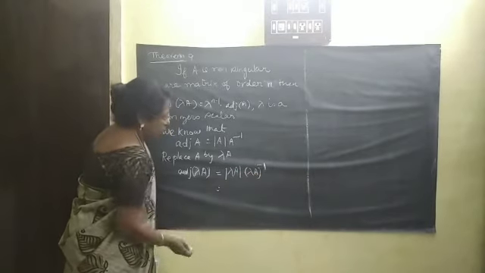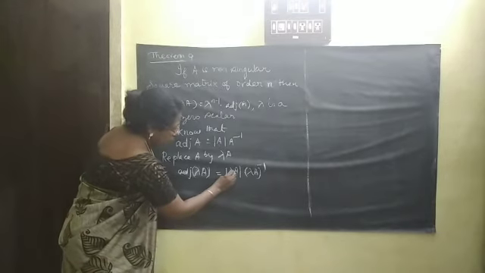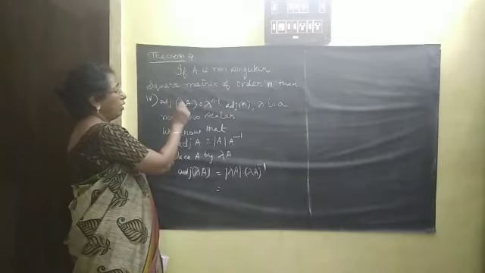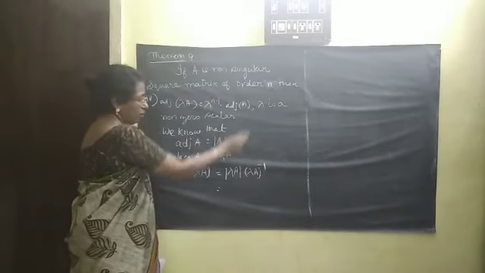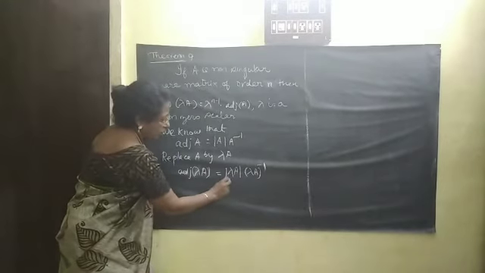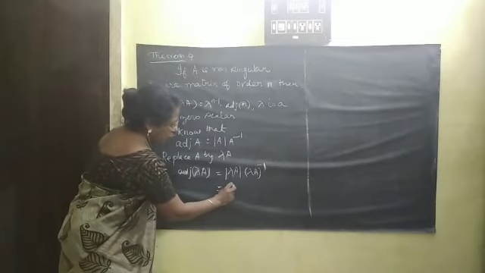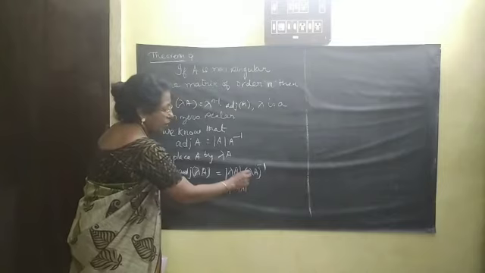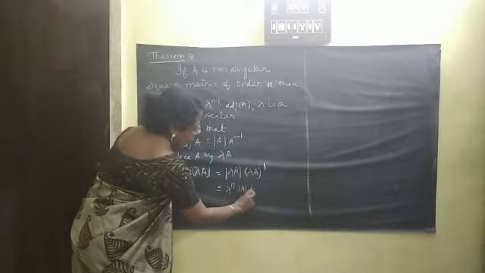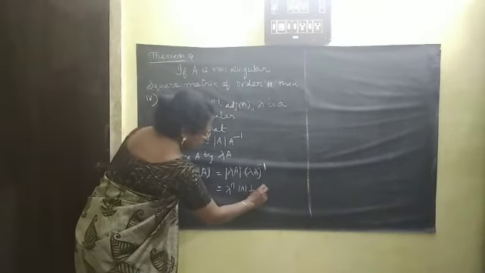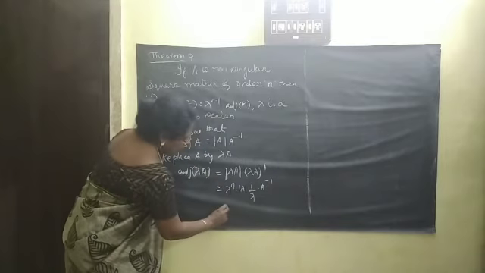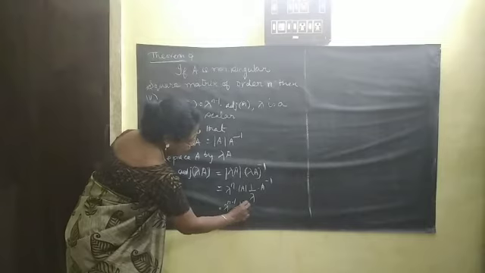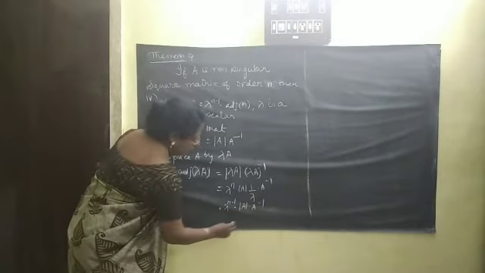As A is a matrix of order n, the value of determinant lambda A will be lambda power n into determinant A. This is 1 by lambda into A inverse. So this is equal to lambda power n minus 1 into determinant A into A inverse.